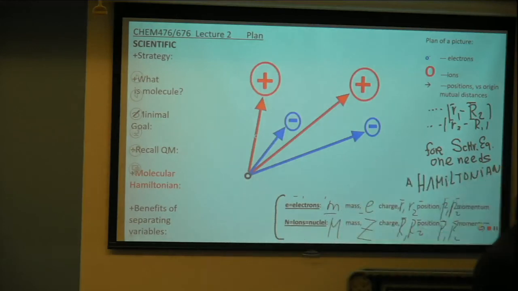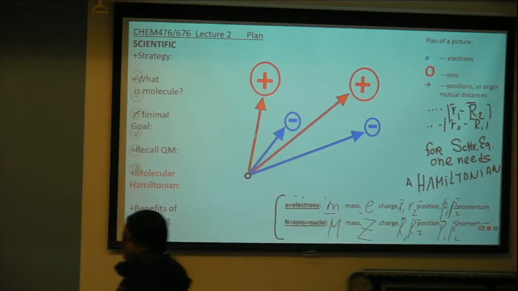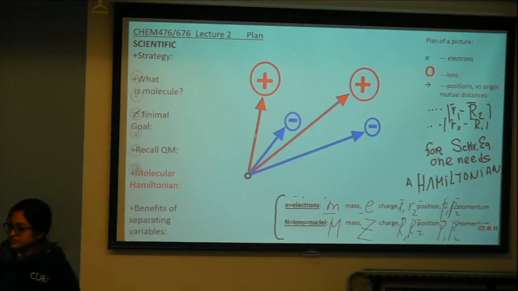Can you draw that? Just connecting particles by arrows. You can keep it just as a line.